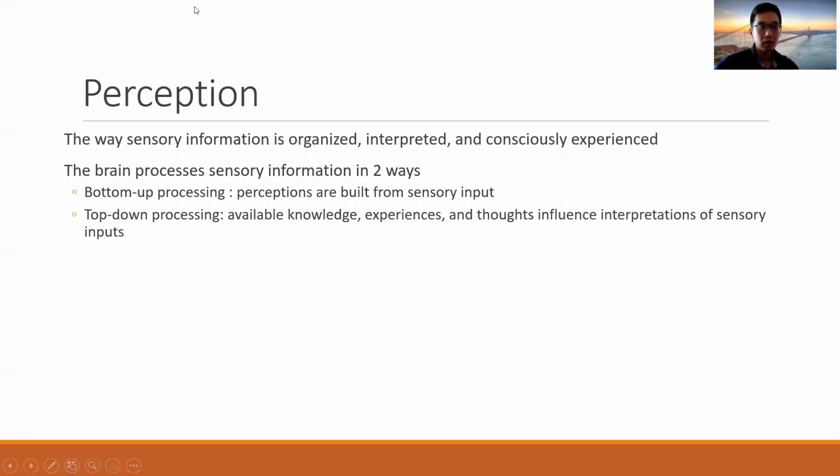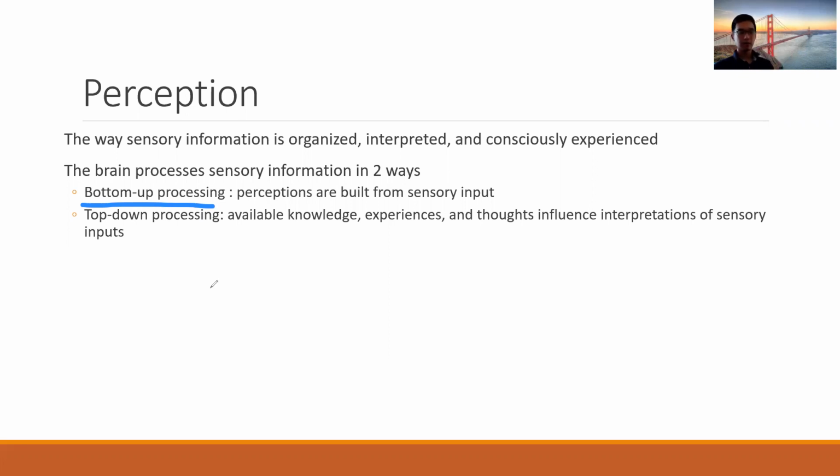One way is called bottom-up processing. Perceptions are formed from the sensory input. So that is just all the stuff that we get, and that information builds up into something that we can perceive. That's called bottom-up processing.